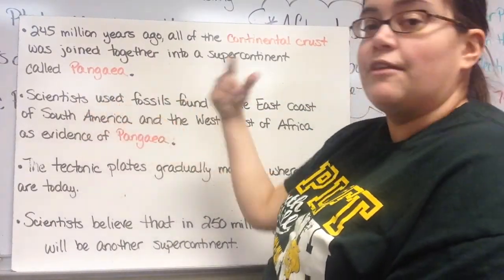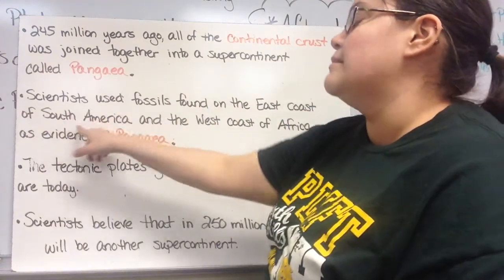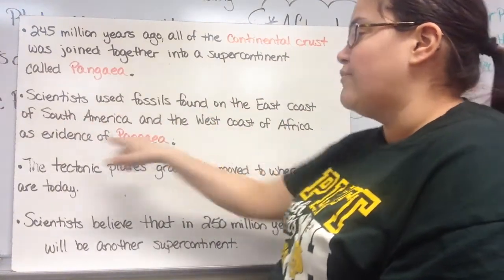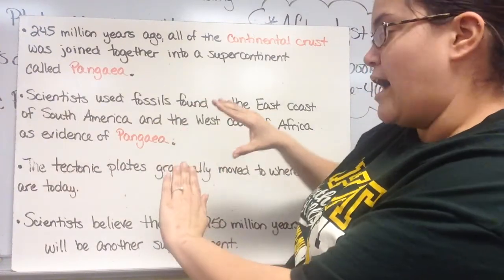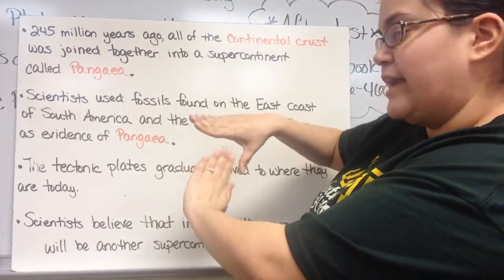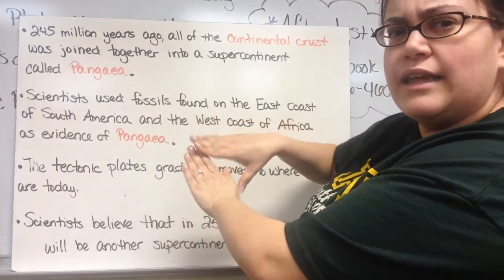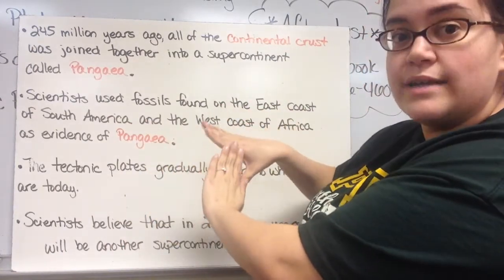So scientists, how they figured this out was that they used fossils found on the east coast of South America and the west coast of Africa as evidence of Pangaea. So if you ever looked on a map, the east coast of South America fits into the west coast of Africa.